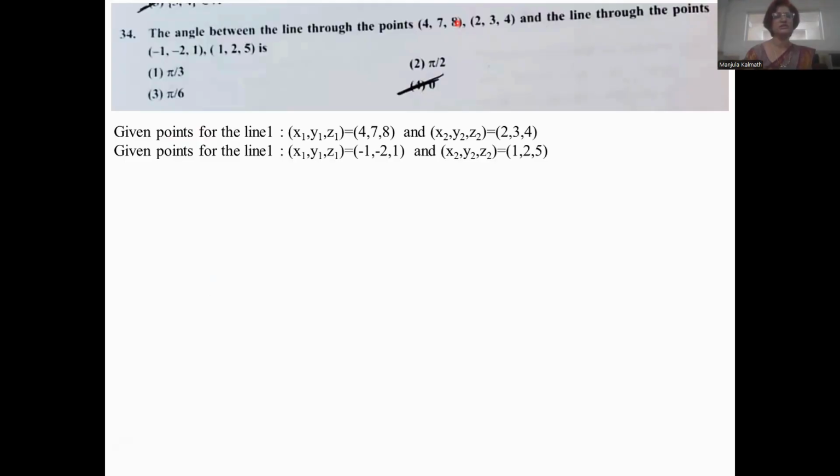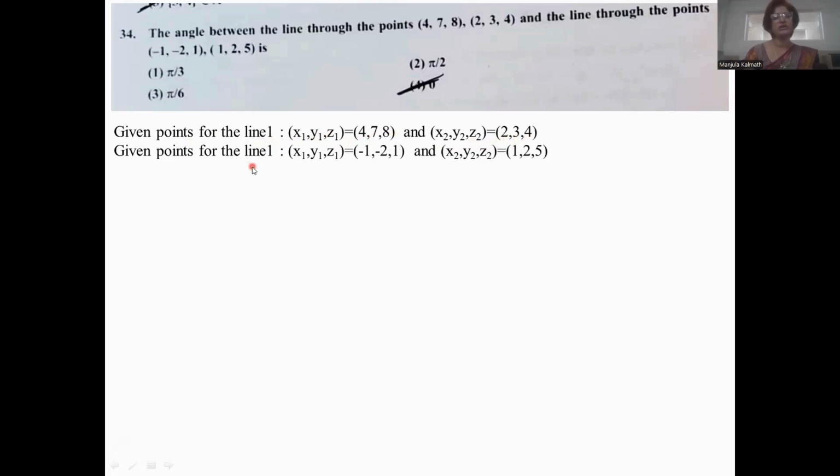Next question is: the angle between the line through the points 4, 7, 8 and 2, 3, 4 and the line through the points -1, -2, 1 and 1, 2, 5. For line 1, x1, y1, z1 is 4, 7, 8 and x2, y2, z2 is 2, 3, 4.